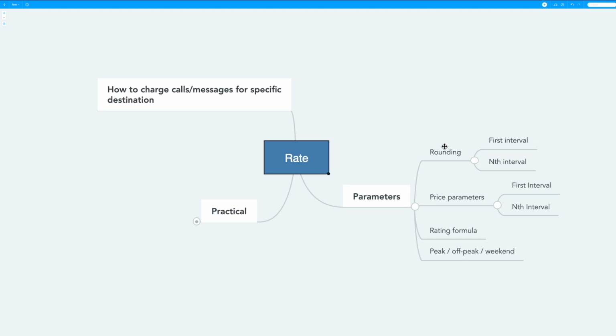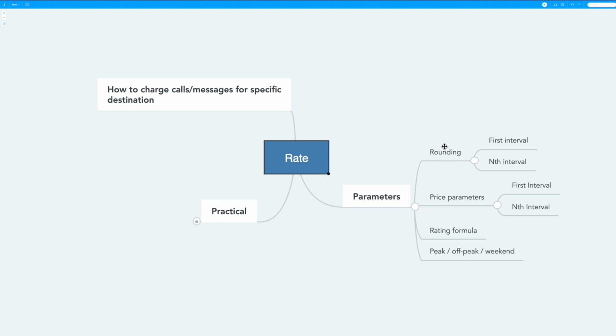And a customer whose call lasts 31 seconds is going to be charged for 31 seconds of a call. So to the first 30 seconds of the call, we apply our first interval, which equals 30 seconds. And to the rest of the call, to the remaining duration of the call, we apply 1 second intervals.